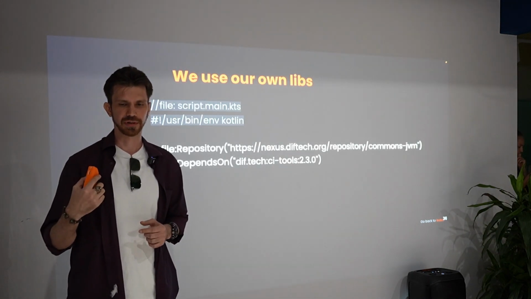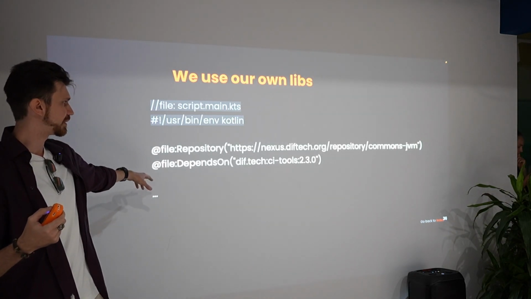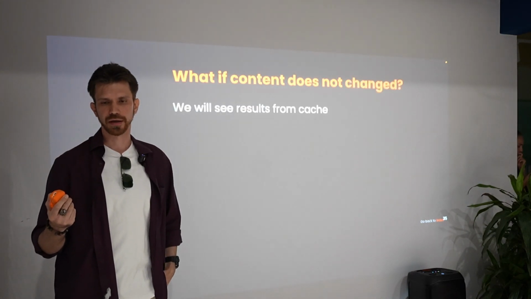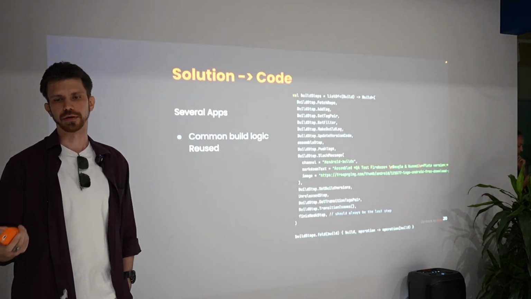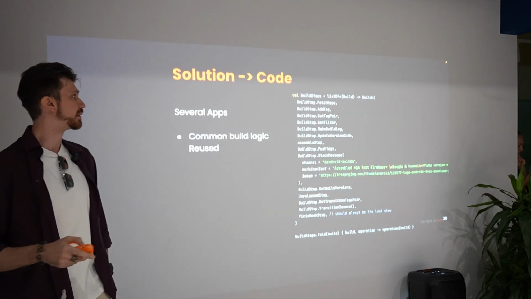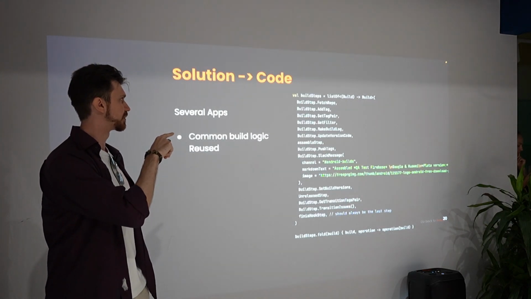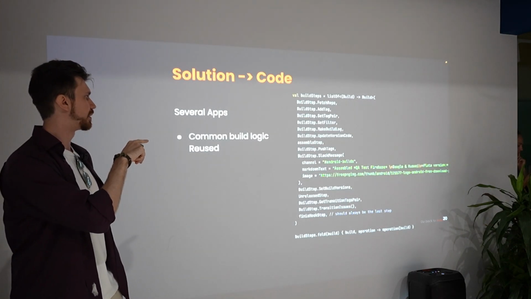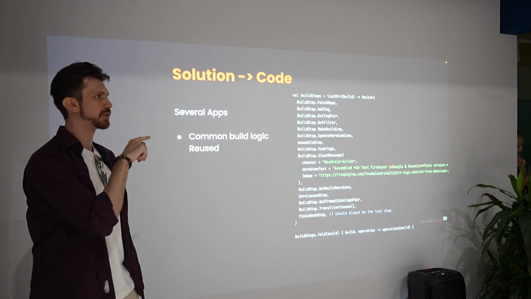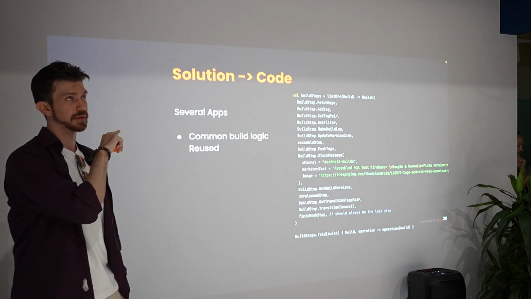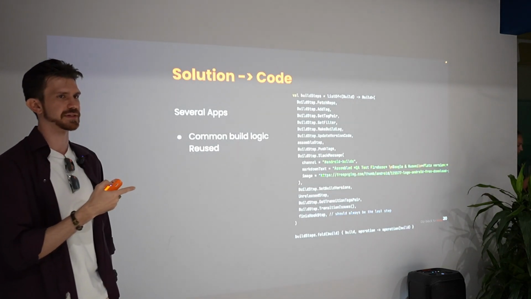When we write our Kotlin script, we use some imports, repository, our dependency, and all common things like build steps, like fetch repo, tag, Slack message even, are reusable, and they're being stored in that repository. And all the code in that repository is unit tested.